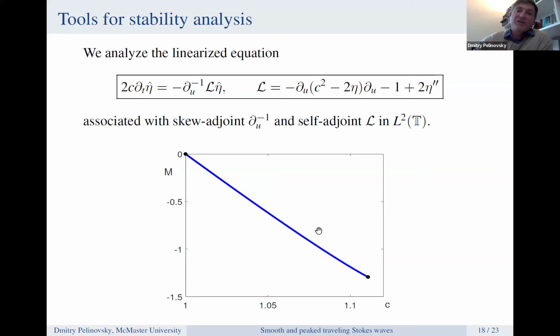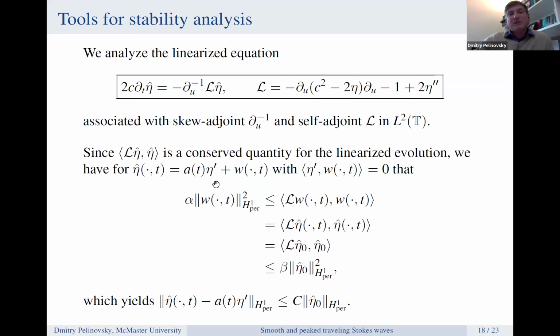These numerics just illustrate the monotonicity of the mass: it is negative and monotonically decreasing to the negative side. And it's valid for the entire family of the smooth waves. And so with this, the rest is just a decomposition. The initial data is supposed to be orthogonal to the 2 constraints.